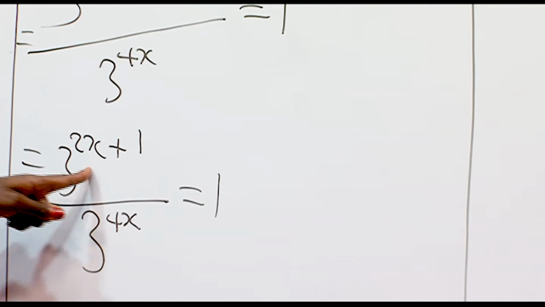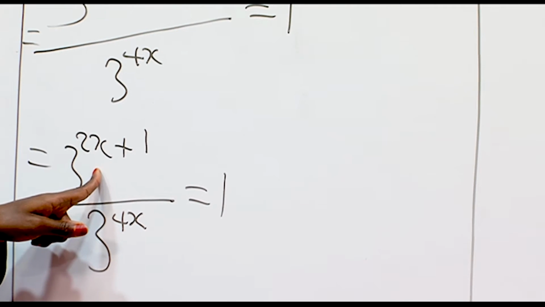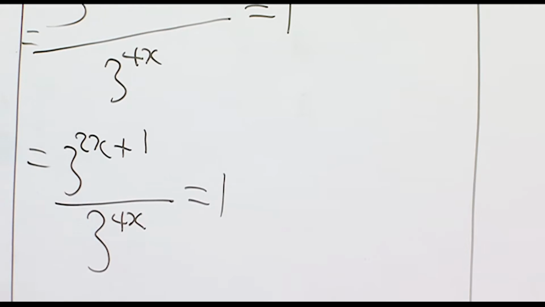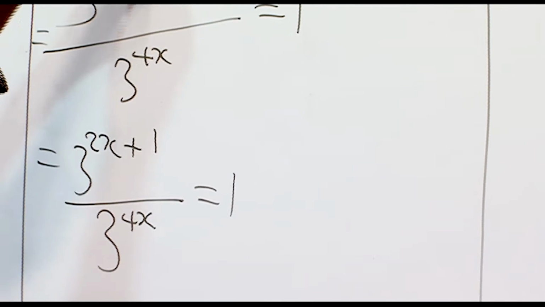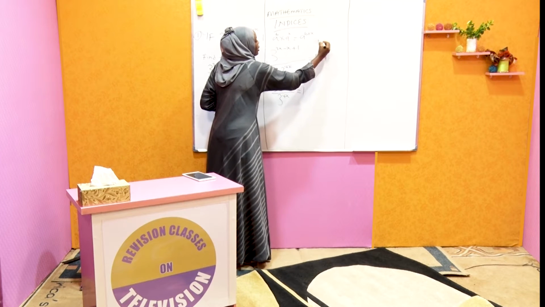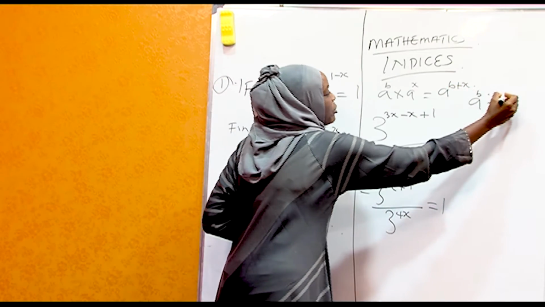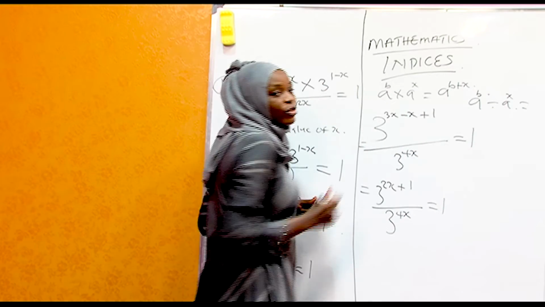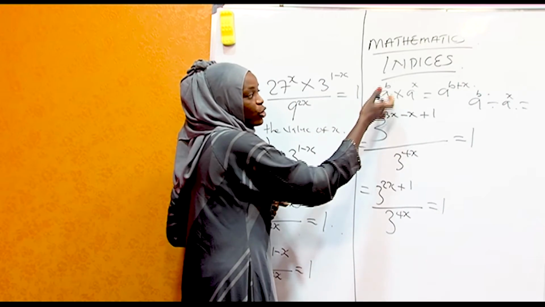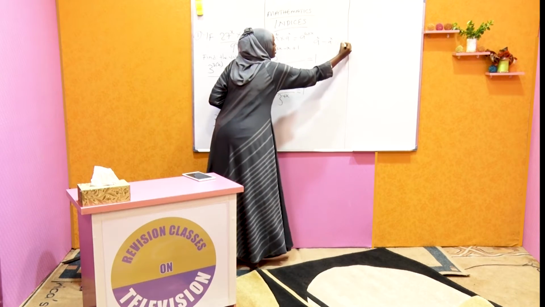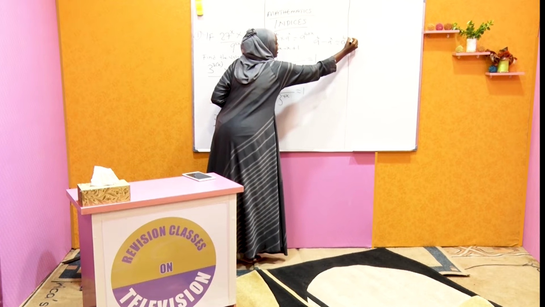Now, this leads us to another law, which is the division law. The division law is when you have the same base, and I'm using the power b and power x, if it is division, you will subtract. Unlike the multiplication where we added, here you will be subtracting to give b minus x.